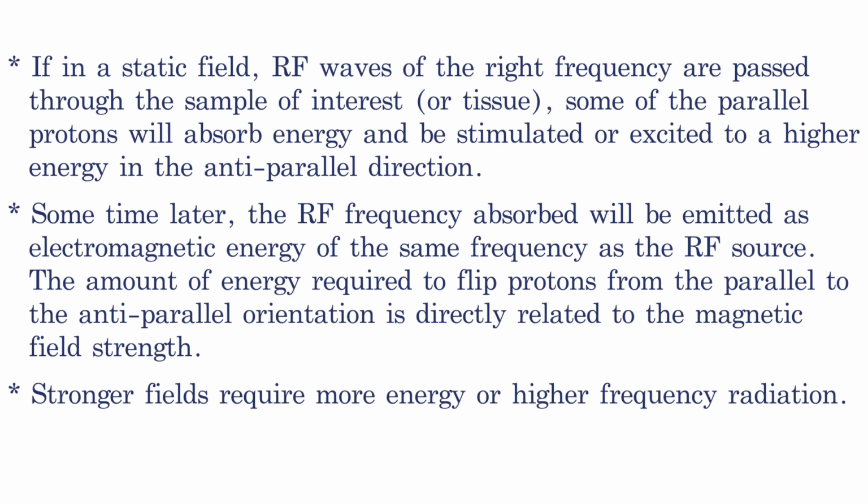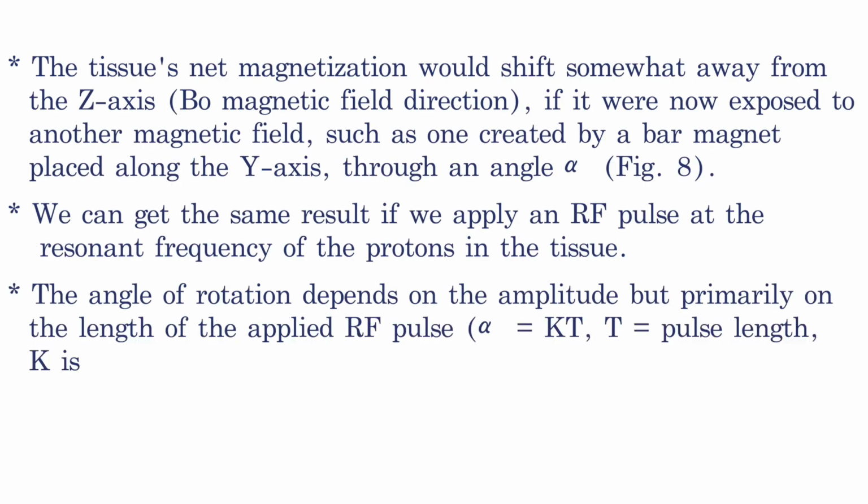The amount of energy required to flip protons from the parallel to the anti-parallel orientation is directly related to the magnetic field strength. Stronger fields require more energy or higher frequency radiation. The tissue's net magnetization would shift somewhat away from the z-axis.